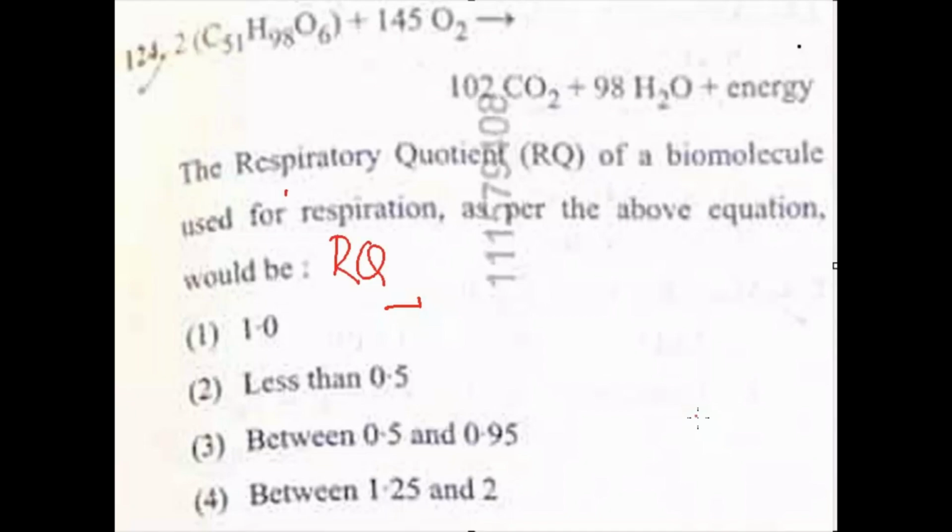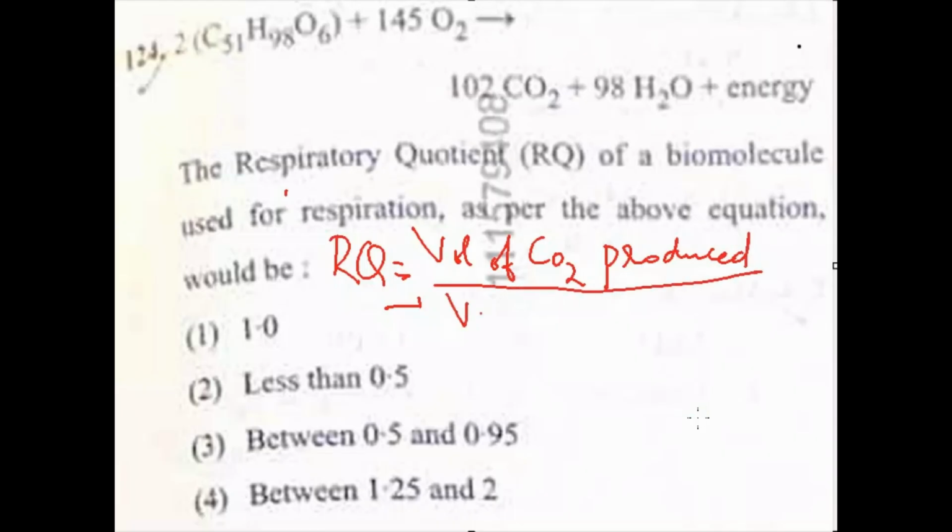Respiratory quotient is equal to volume of carbon dioxide produced by volume of oxygen used or consumed.